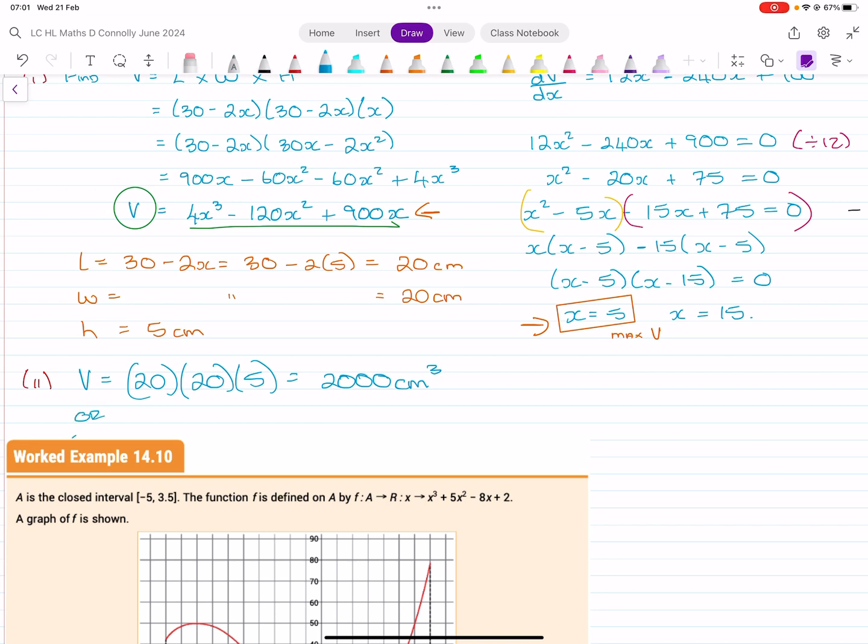Out of curiosity, I'm going to do it because I want to. So 4 times 5 cubed minus 120 times 5 squared plus 900 times 5 is 2000.